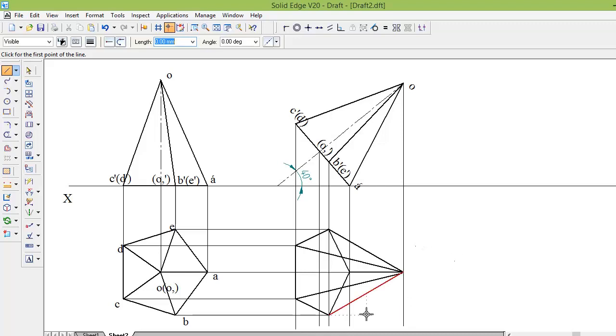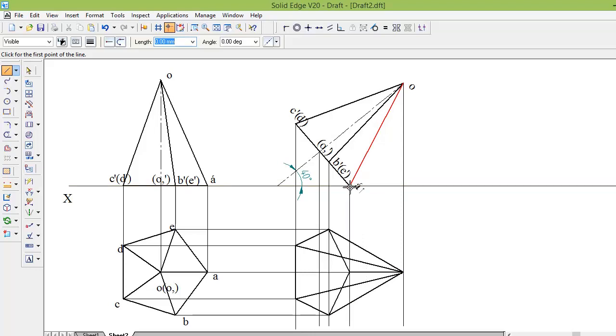So you must learn which is visible and which is not visible. See, if you see from the top view, the points and edges which are nearer to the XY line are not visible. See, A is on XY.